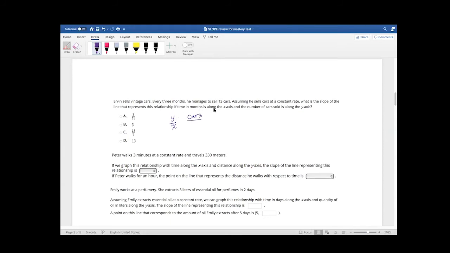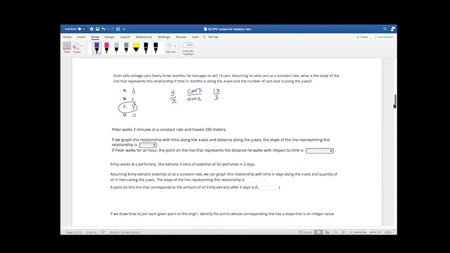X is our time. So cars per every 3 months here. So he did 13 cars in 3 months. And this fraction is right there for us. Cars per month.